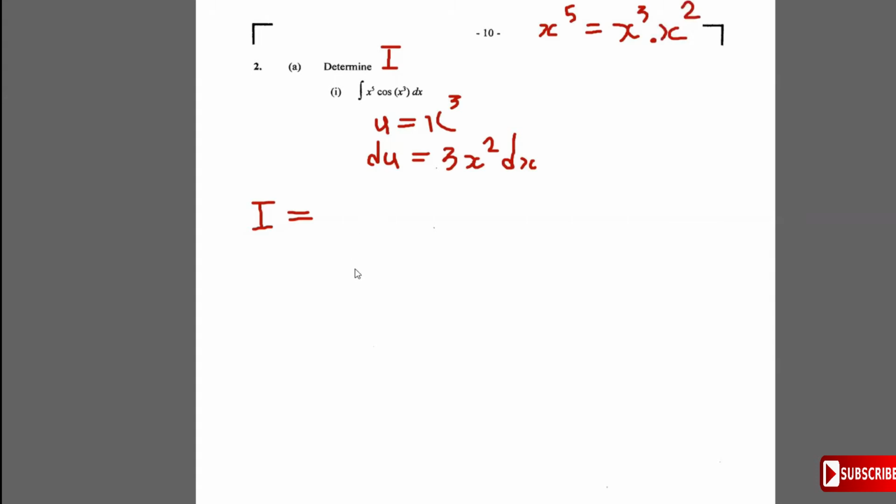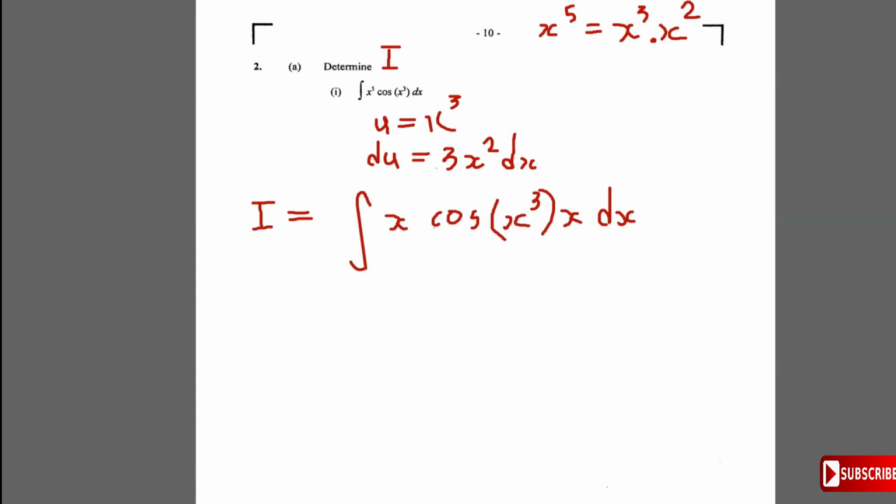So I'm going to rewrite this integral as the integral of x squared times the cos of x cubed times x cubed dx. Let me put the x cubed here and the x squared here.